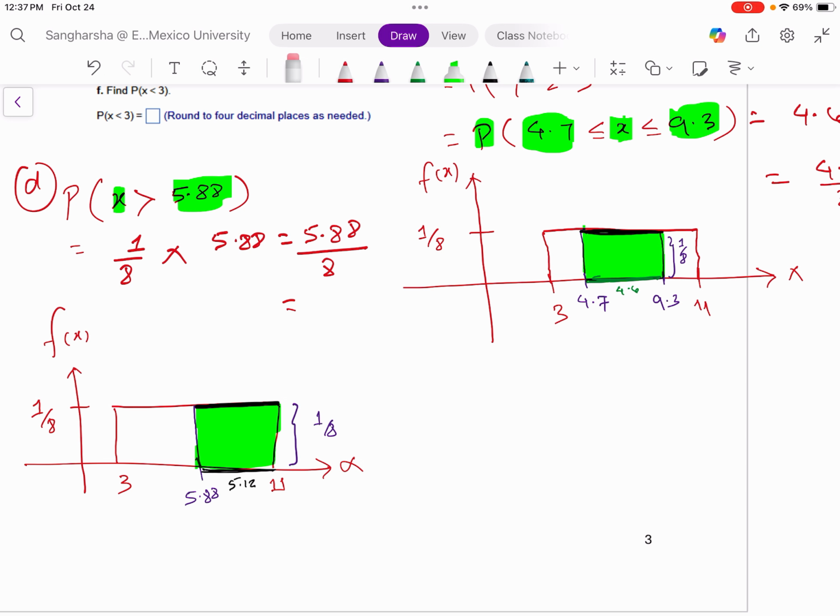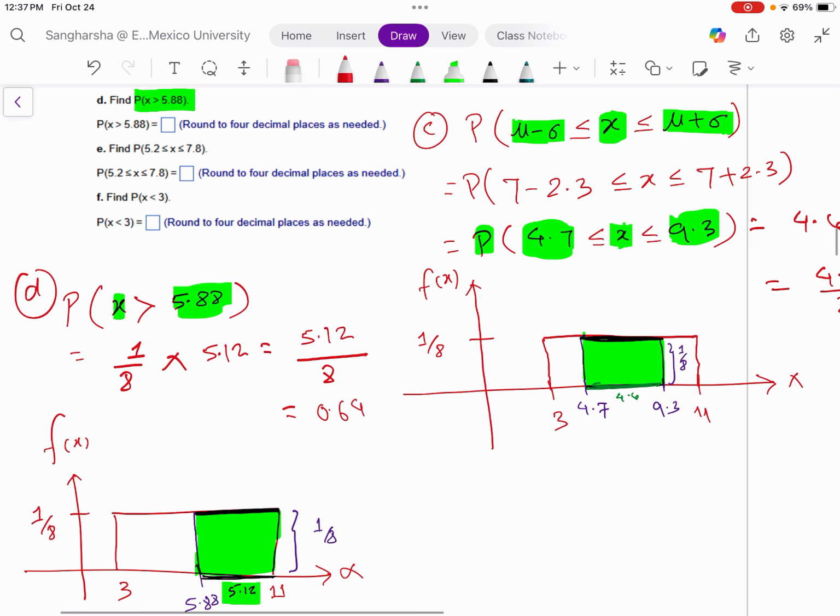So our width is 5.12. So let me correct that: 5.12 divided by 8. The probability is 0.64. So this is for part D.